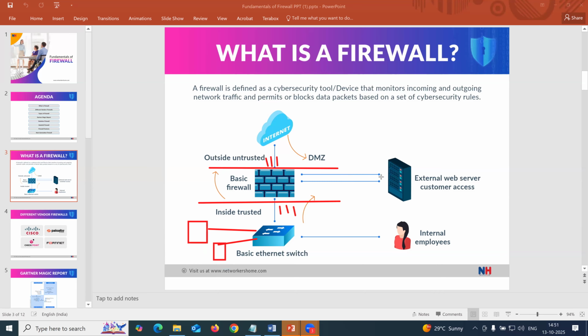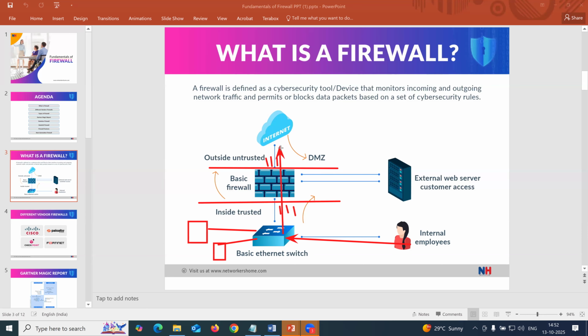Forget about the DMZ zone as of now. I have only LAN zone and WAN zone. First thing, if an employee wants to access a server, they can directly access. Does the firewall have any control on the server access? Employees will go to the WAN for internet access. Fine.